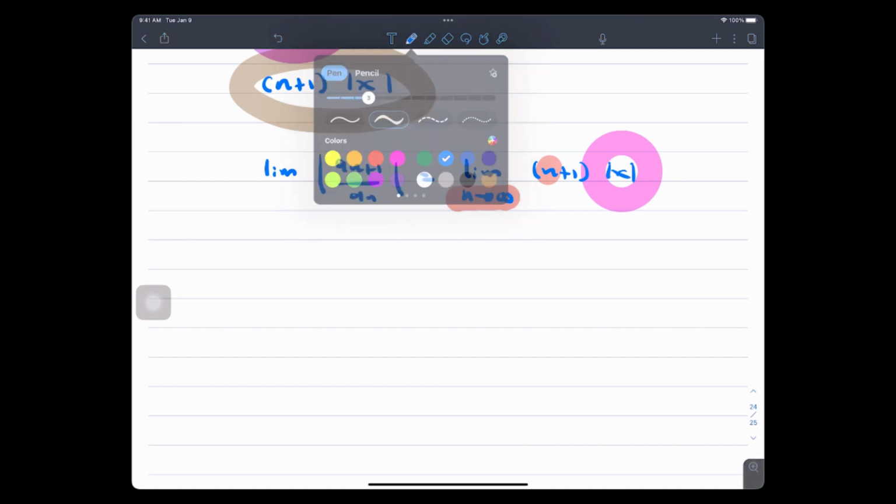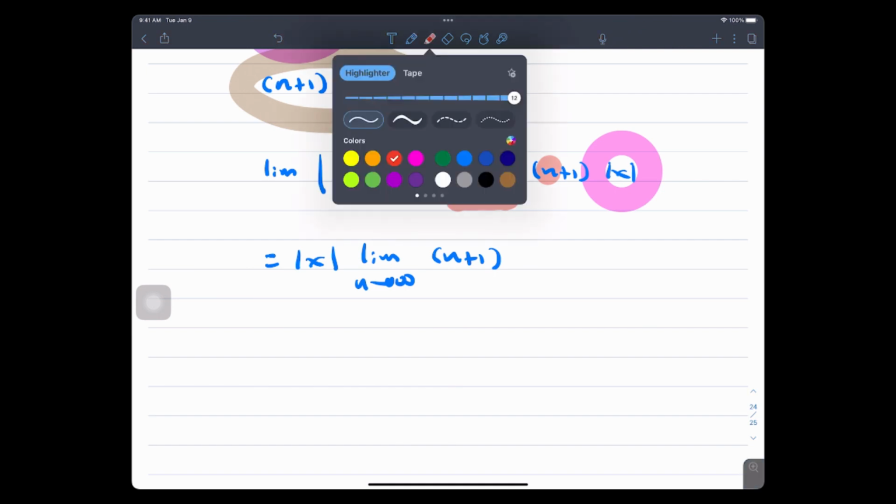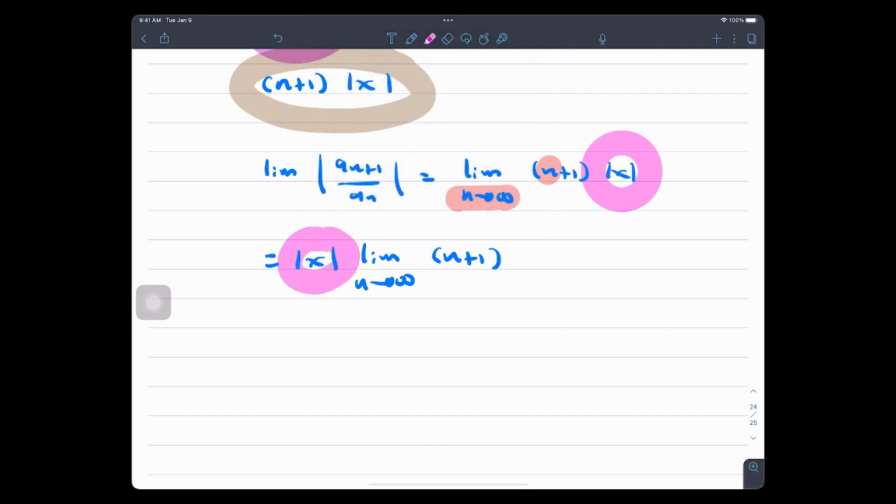So you take out your absolute value of x, and that's now going to be here, outside this particular limit. Is everybody okay with that? We took this out because the limit applies to the n variable.